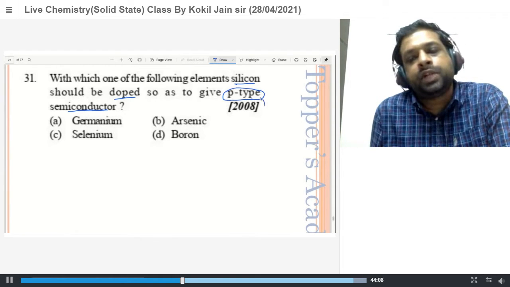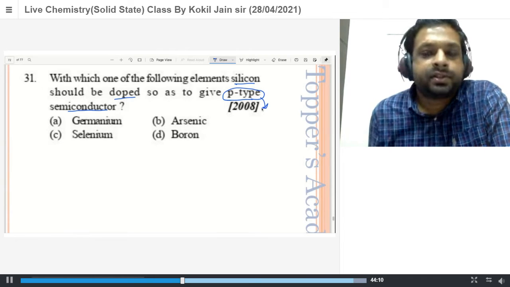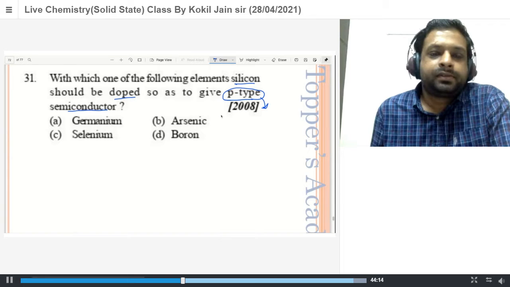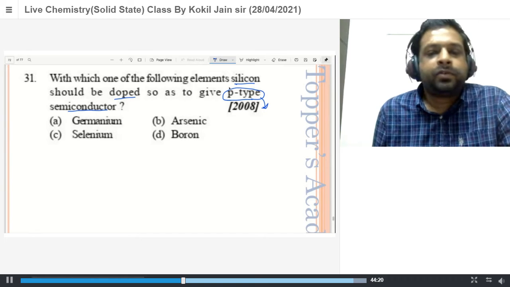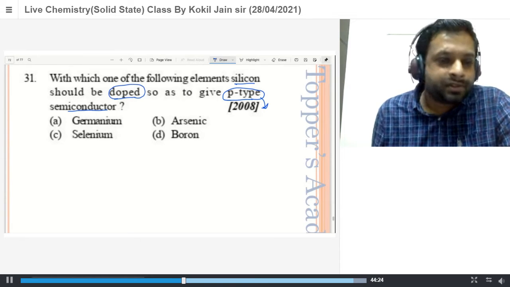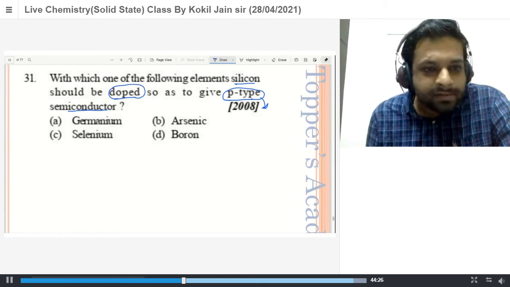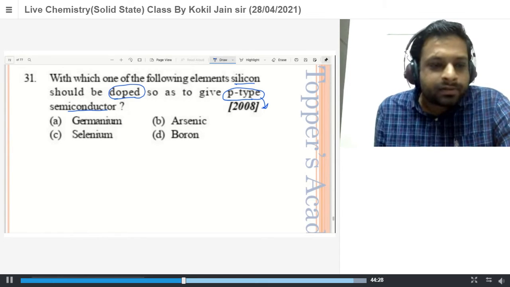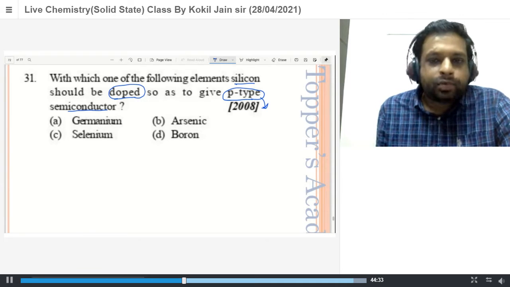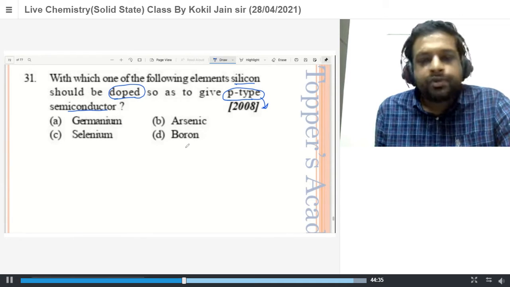I told you just now, no? From which compound should it be doped? Sir, option D, sir. Yes, Bindu. D, boron. You have to dope it with boron.